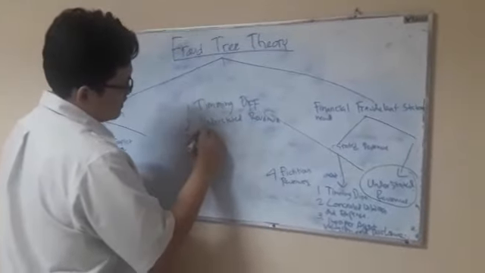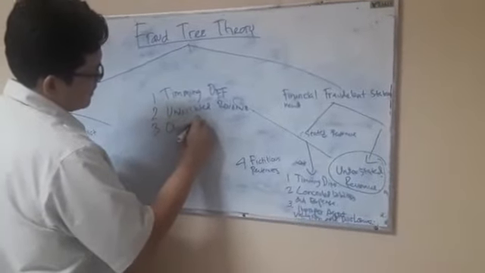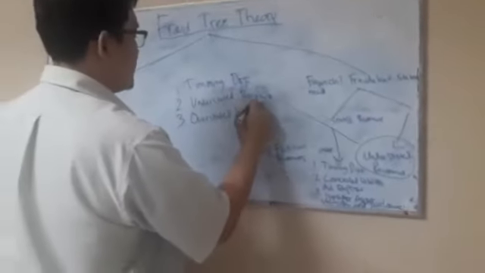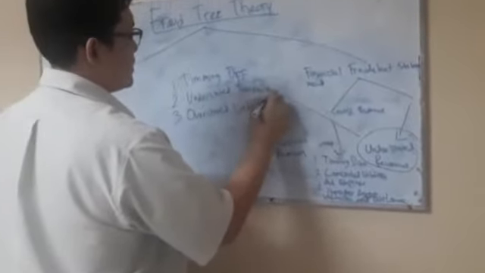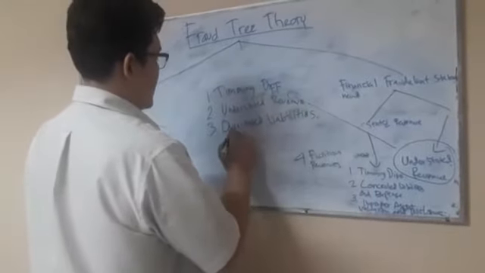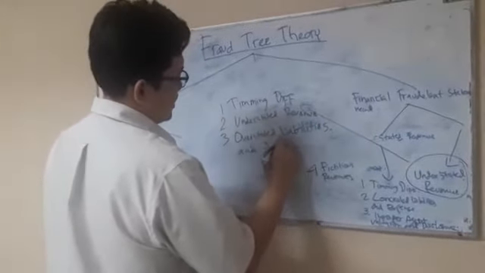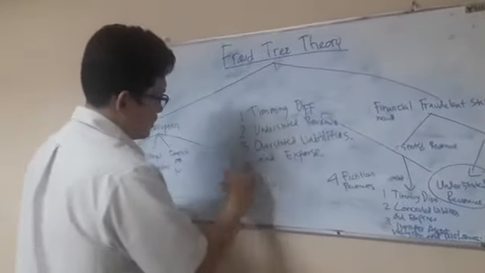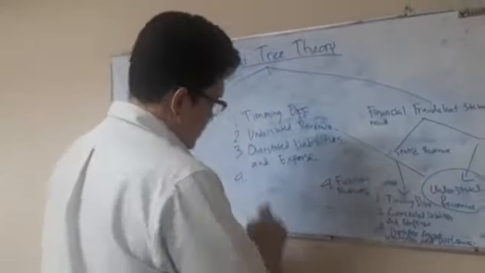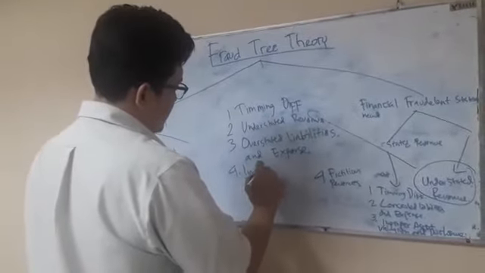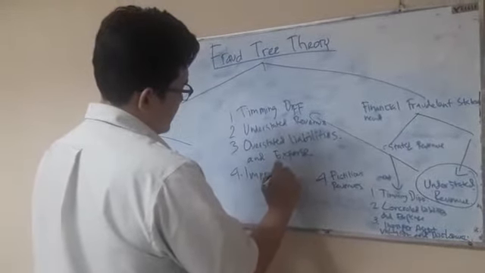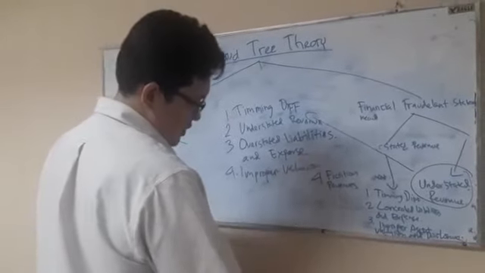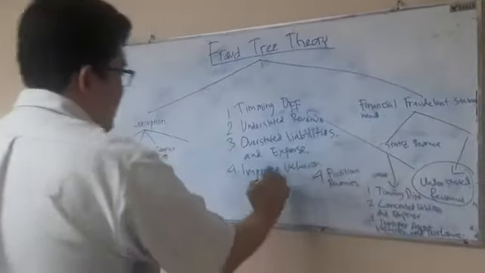Number three is overstated liabilities and expenses. And number four is improper asset valuation.